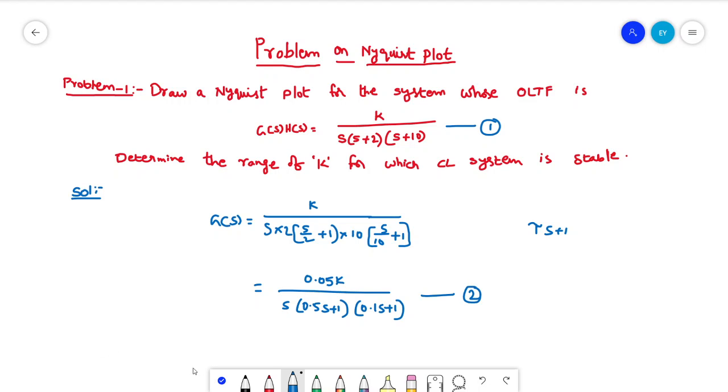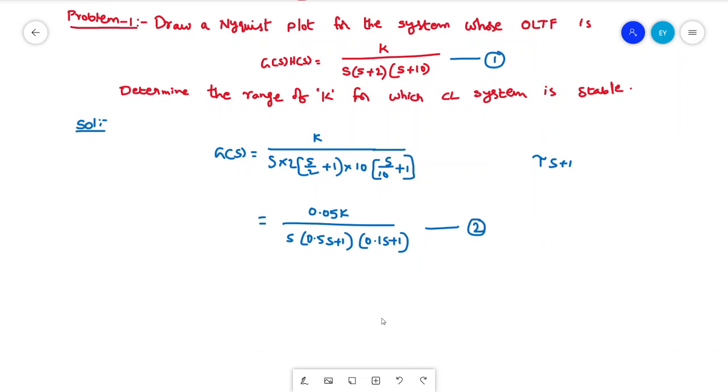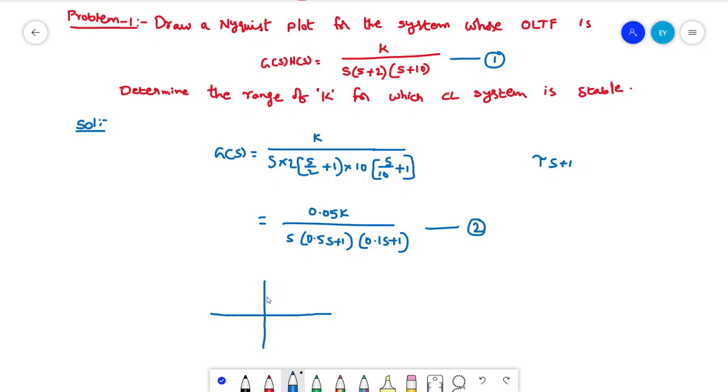As I mentioned, we have to draw the contour in the s plane. How do we draw it? If you see, there is a pole at the origin. So we draw a contour which covers the whole right half of the s plane.